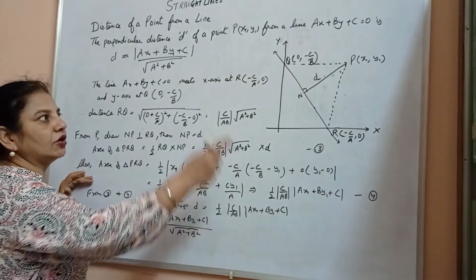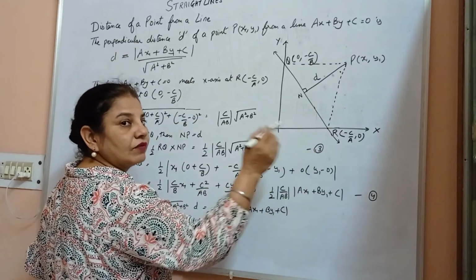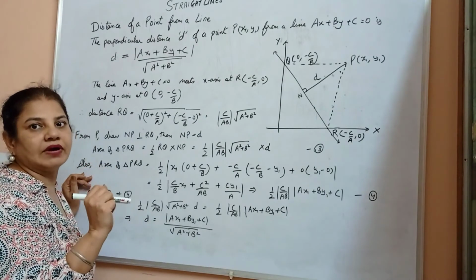Also we know that the area of a triangle by coordinate geometry is half x1 (y2 minus y3) plus x2 (y3 minus y1) plus x3 (y1 minus y2).